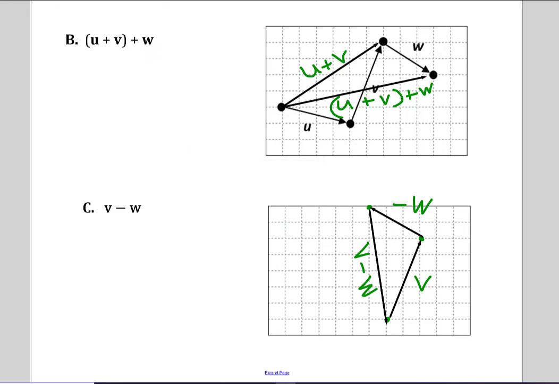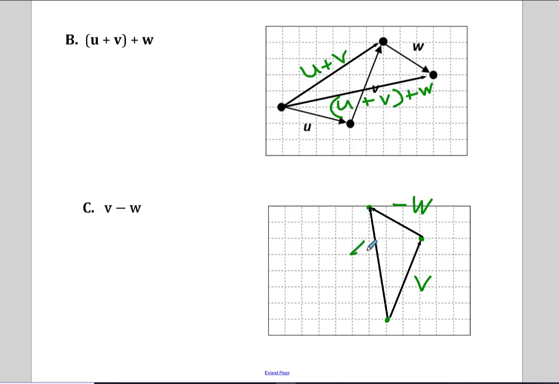And then we got one more to do. Actually, we just drew that one backwards, didn't I? Let me back up here before I get you confused. So where v starts, the initial point of v, to the terminal point of the opposite of w. I started at the top and went back.